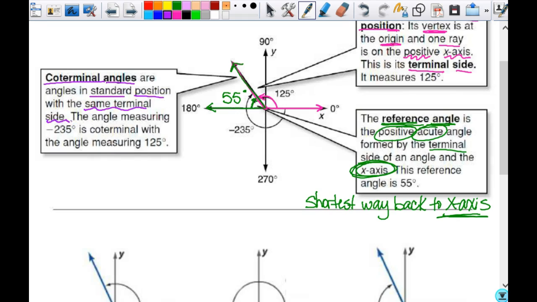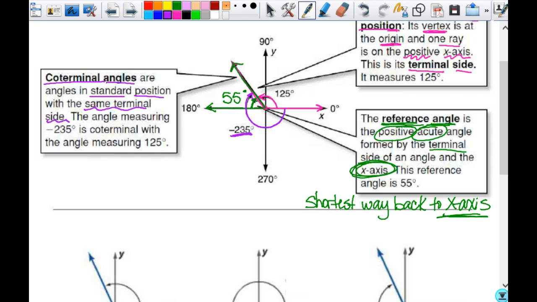So to get to this same spot, I could start here and go clockwise to get to here, and that one is negative 235. So important words here: standard position, reference angle, coterminal angles. We all okay with those three things? Yes? All right.